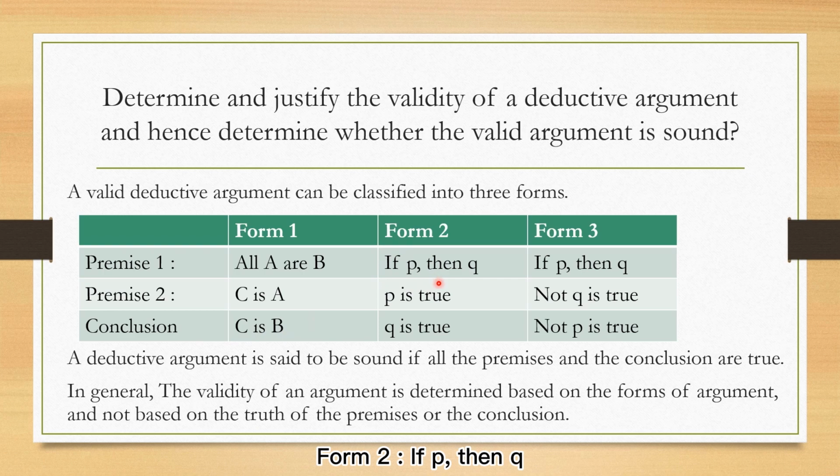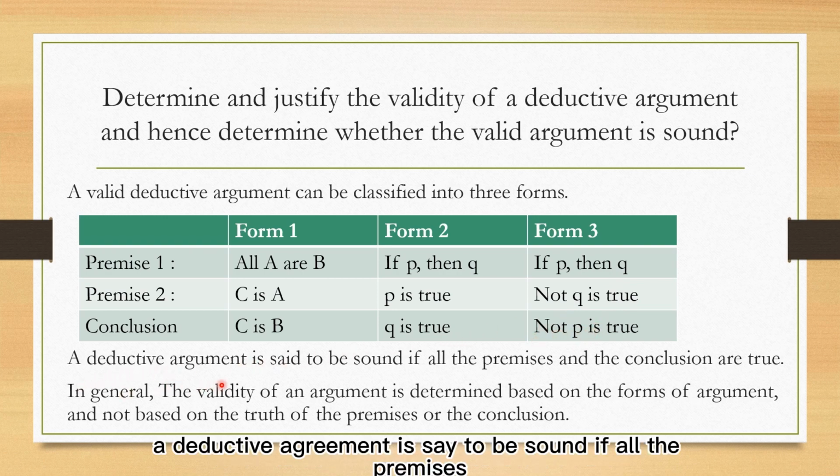If P, then Q. P is true. In conclusion, Q is true. Form 3. If P, then Q. Not Q is true. Conclusion, not P is true.